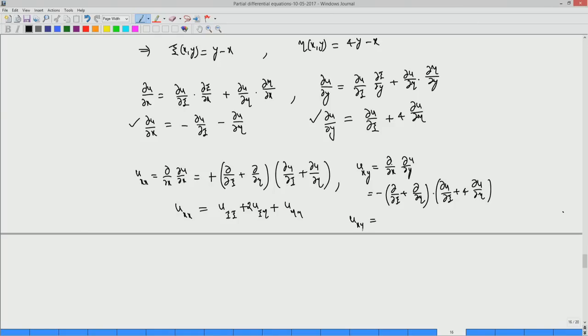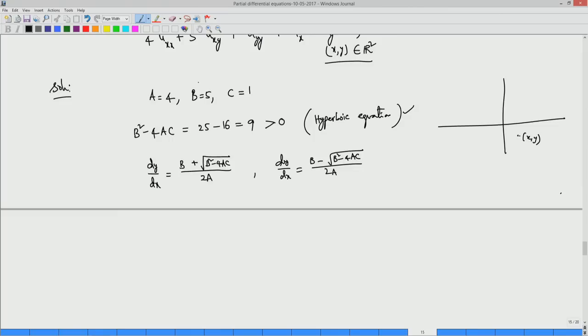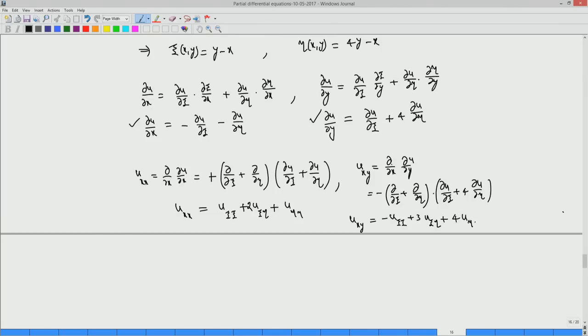So, this will give me uxy as minus uξξ, and you have minus uξη, and here plus 4 uξη. So, that will become plus 3 uξη. uξη or uηξ, both are continuous. You assume that the mixed derivatives are continuous. If those mixed derivatives are continuous, then it should be the same. That is from the calculus. And then finally you get minus 4 times uηη.